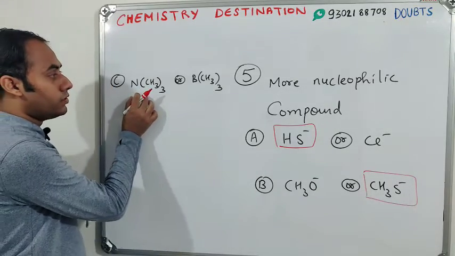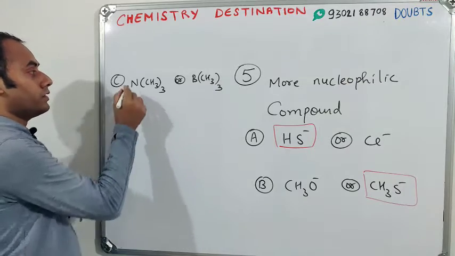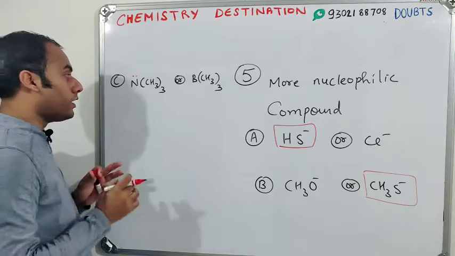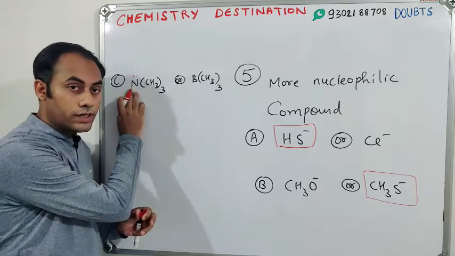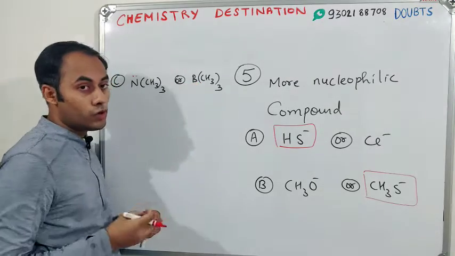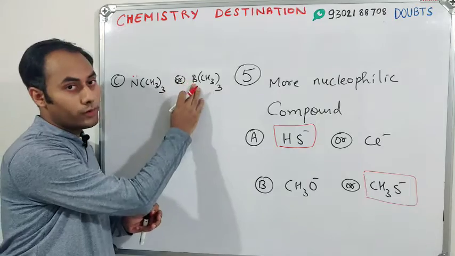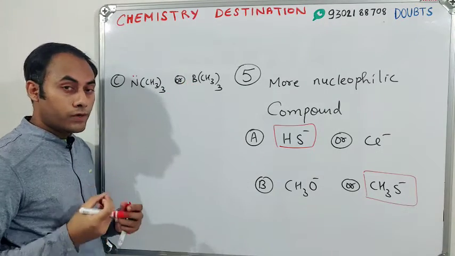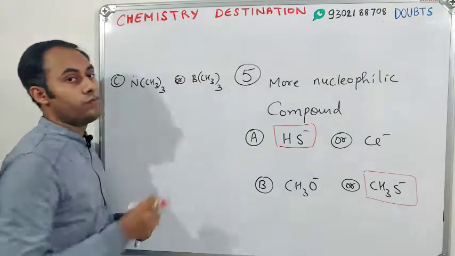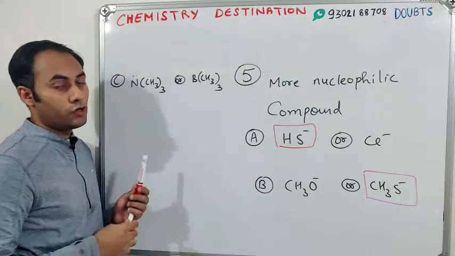Next, N(CH3)3 and B(CH3)3. In N(CH3)3, a lone pair of electrons is present over the nitrogen atom, whereas on boron there are no lone pairs of electrons. There are 0 lone pairs on boron, because boron has 3 valence electrons, and all 3 are shared with 3 methyl groups.